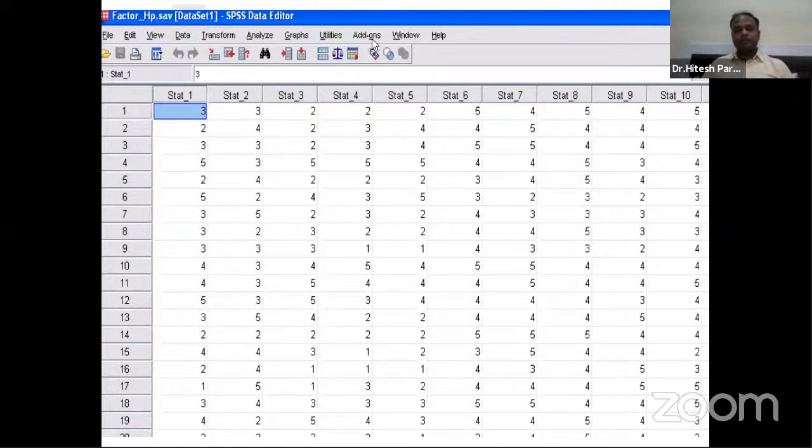So you just click here, this one, and then it will come as numbers.